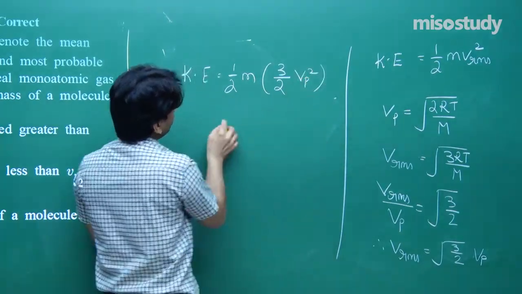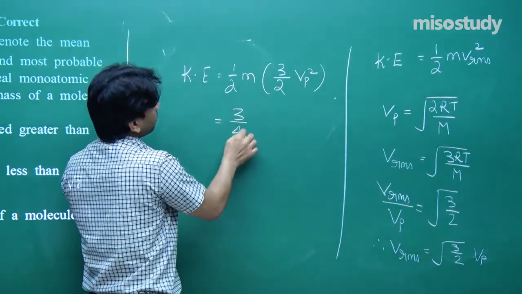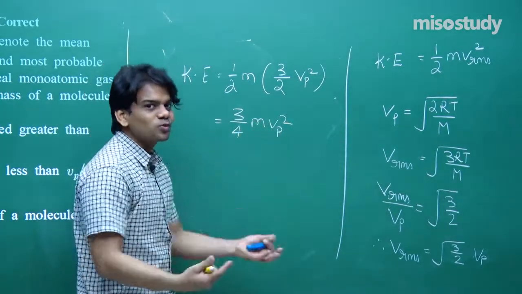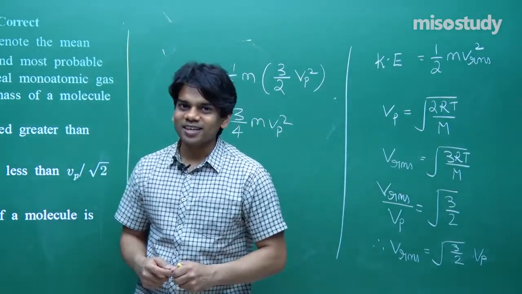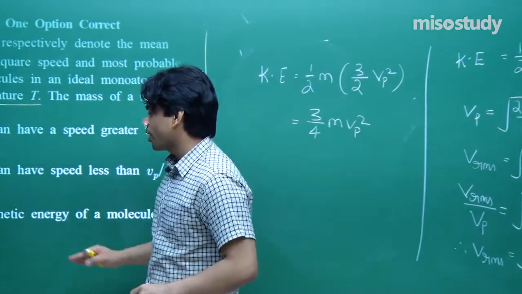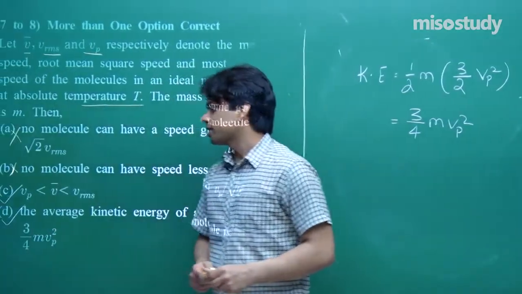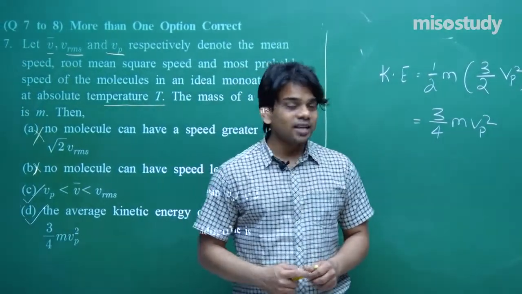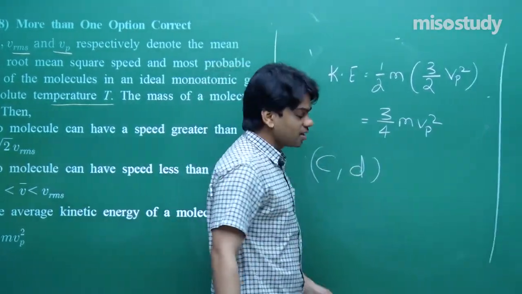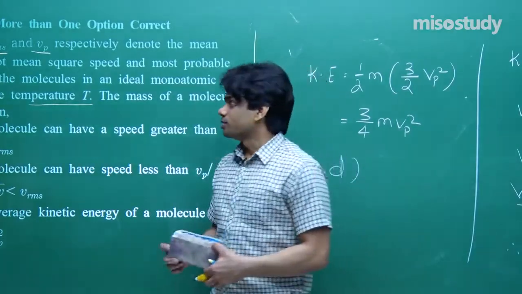This will turn out to be 3 by 4 m Vp whole square. So in terms of most probable speed also, we denoted the value of kinetic energy of each of the molecules. So the average kinetic energy of a molecule is 3 by 4 m Vp whole square. This is also a correct response. C and D are the correct answers for this question.